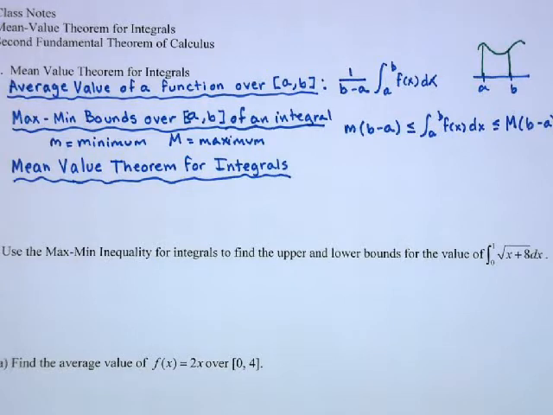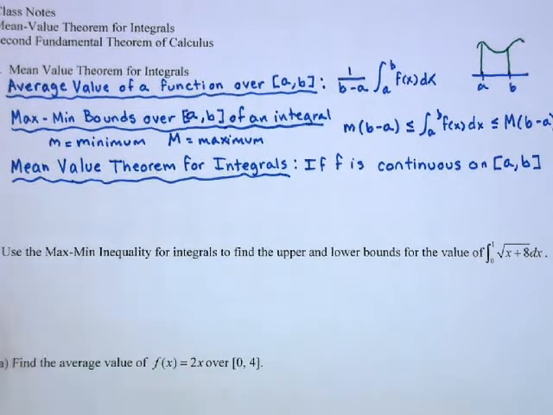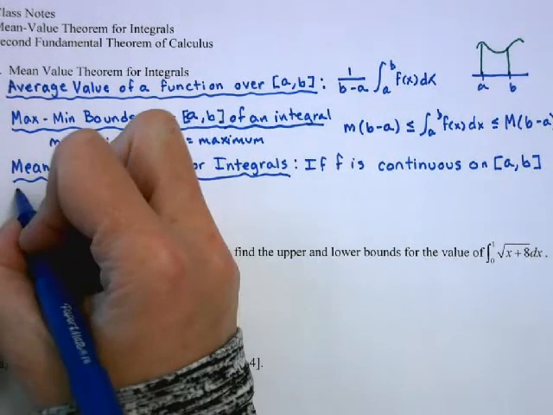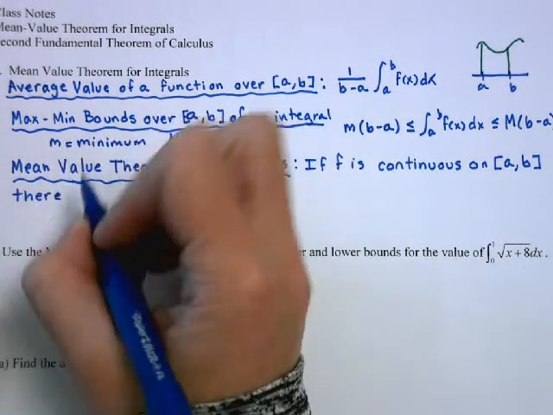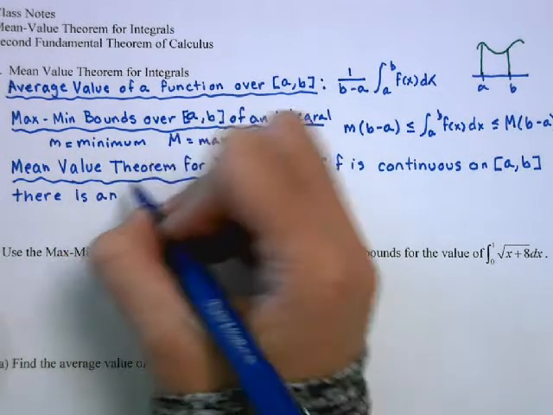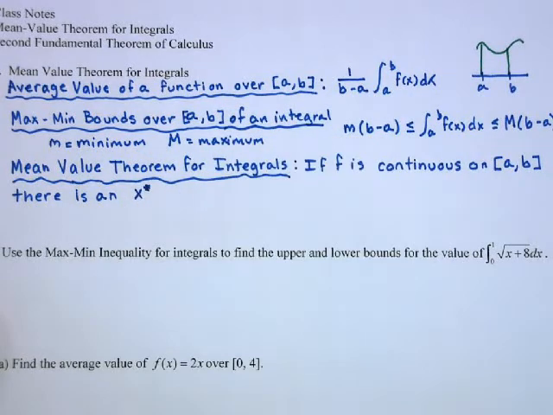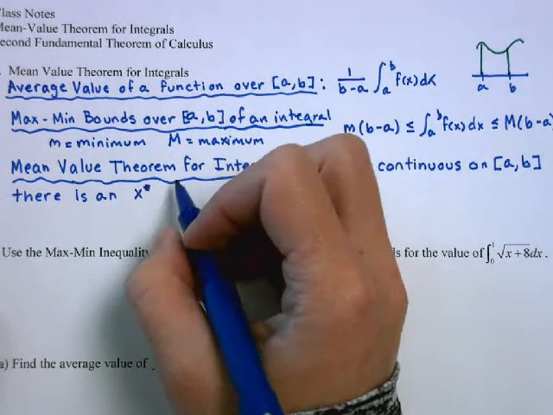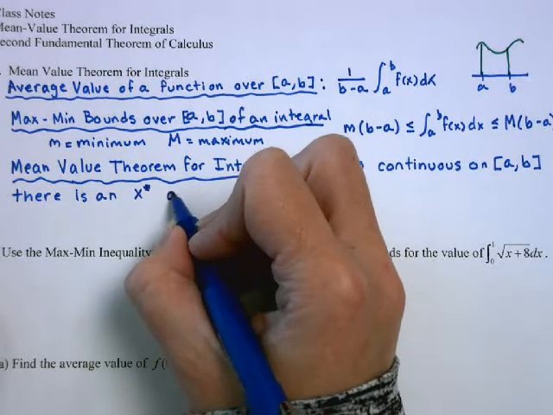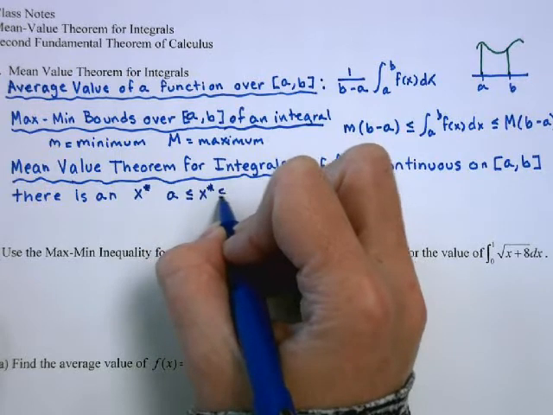Which leads us to the mean value theorem for integrals. If f, our function, is continuous, there's always that caveat for most of these, there is an x, we're just going to say x star, where a is less than or equal to x star is less than or equal to b.